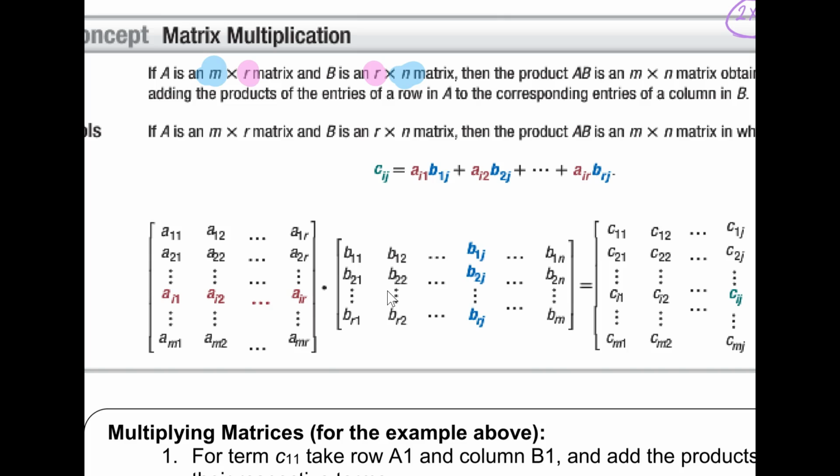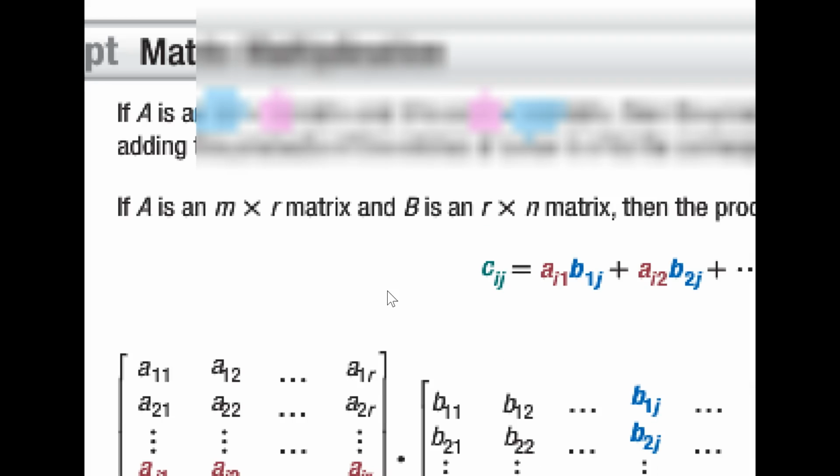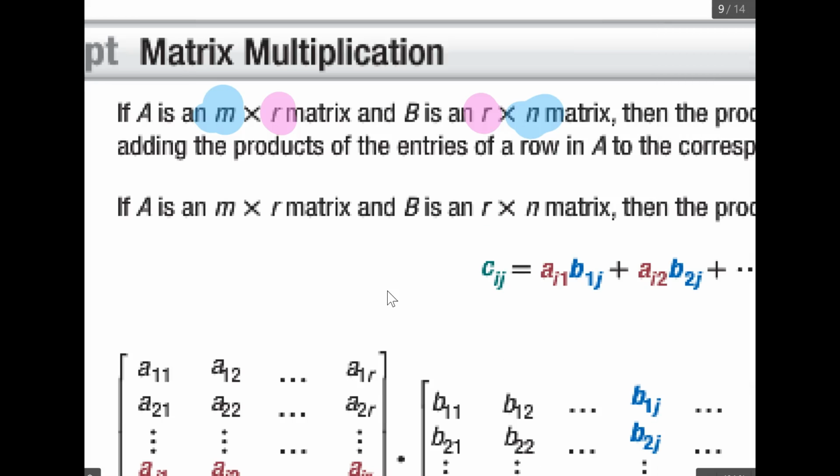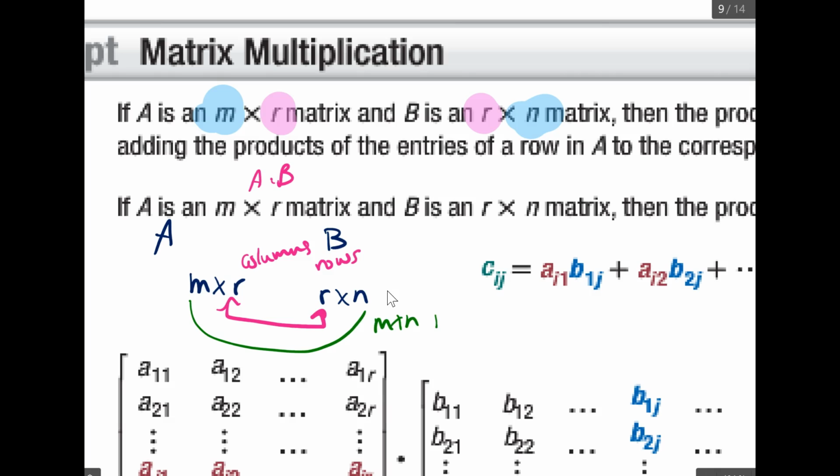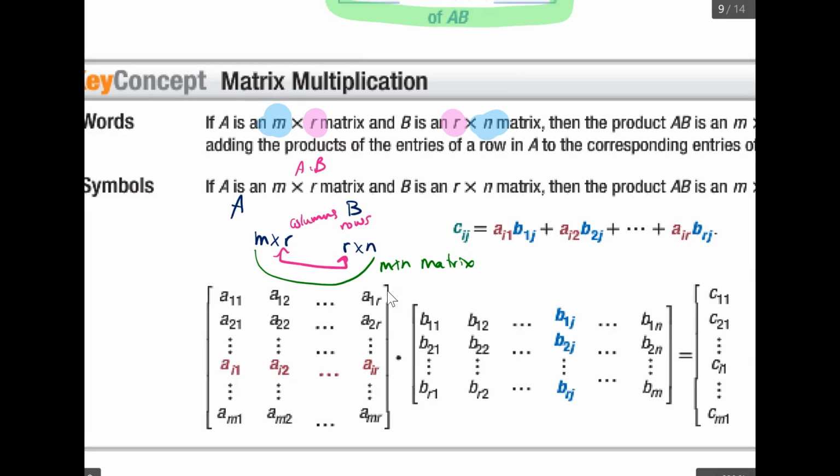If A is an m by r matrix, so literally A's dimensions are m by r, and B's dimensions are r by n, so the columns of A have to match the rows of B, because I'm literally doing A times B. The resulting dimensions will be an m by n matrix. Okay.